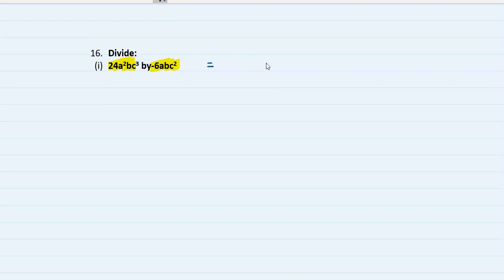So here we are going to write 24a square b c cube divided by minus 6 a b c square. When you divide them, you separately write the variables: a square multiplied by b multiplied by c cube, the whole divided by minus 6 a b c square.